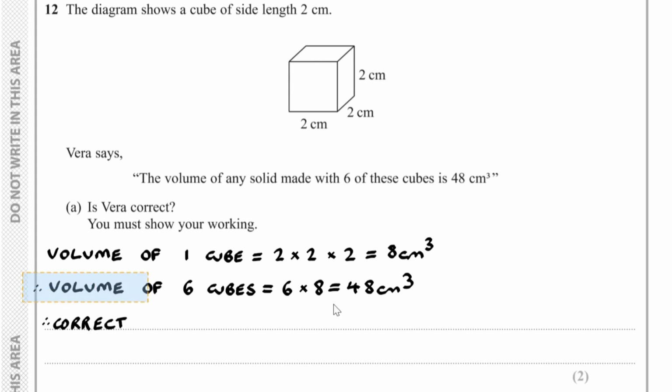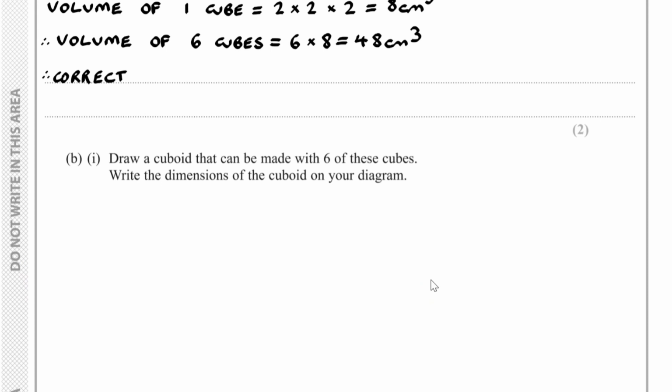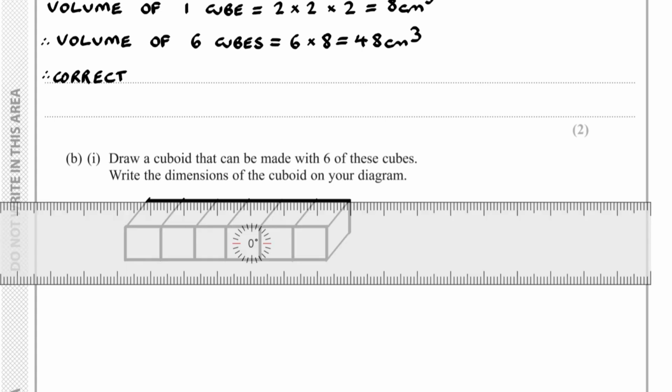And then for the next part of the question, we have to draw a cuboid that can be made with 6 of these cubes. Write down the dimensions of your cuboid on the diagram. Well, here is a cube and we need to add on the dimensions.